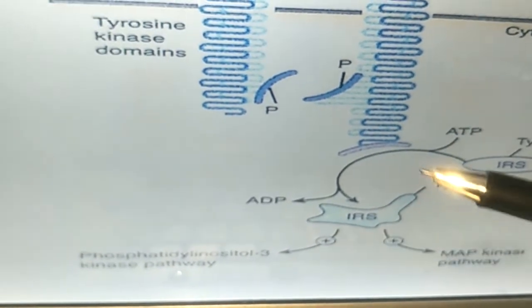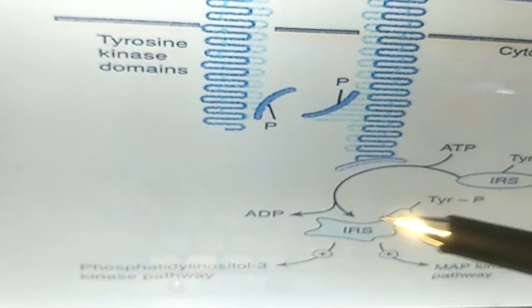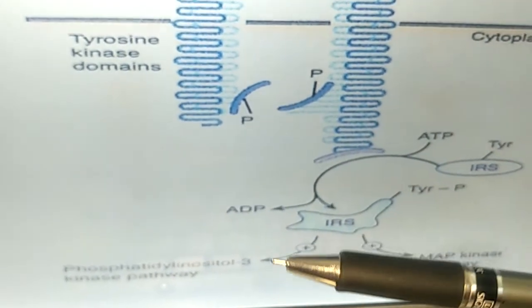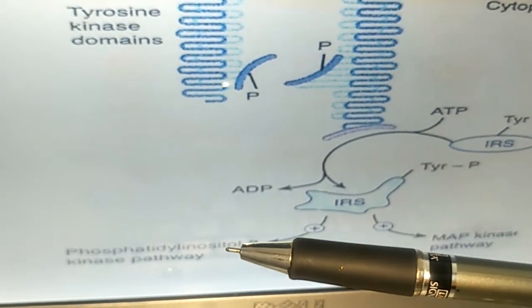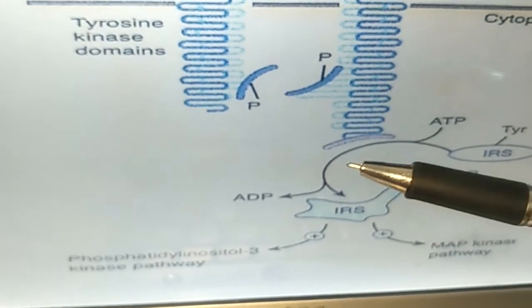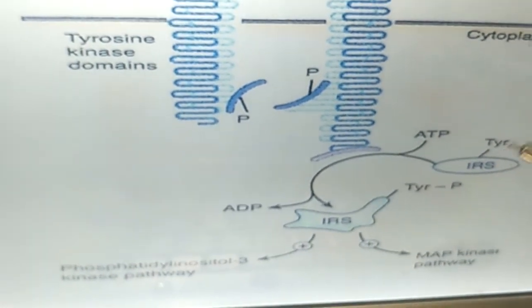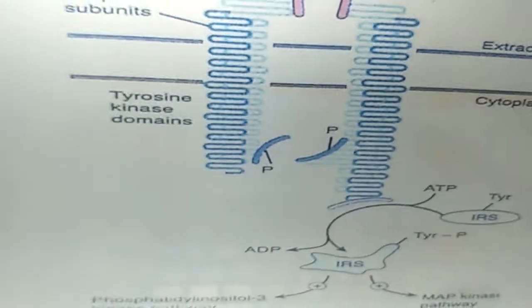Then there is phosphorylation of tyrosine residues in the insulin receptor substrate, which starts a cascade of reactions that lead to rapid actions through generation of IP3 and DAG and other second messengers, and that leads to protein synthesis and various proliferation and differentiation of different cell types.